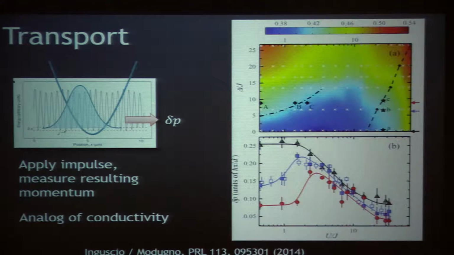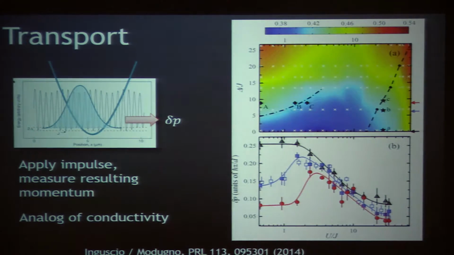It's not clear here that localization has been observed in terms of an absence of conductivity. The interactions seem to fight the disorder and restore some of the conductivity. The disorder seems to destroy the coherence somewhat by introducing phase fluctuations between sites, which, if that happens, should reduce the conductivity, which is what you see here.